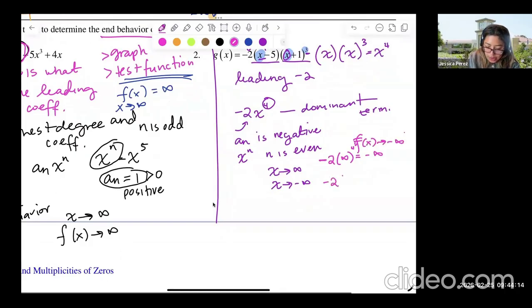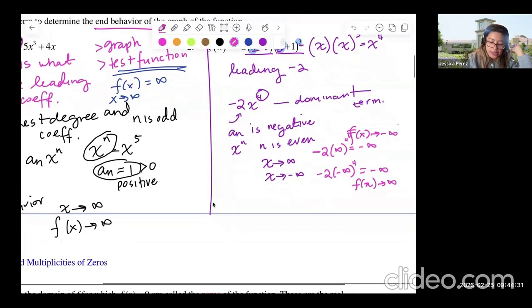Here, -2 times negative infinity to the fourth power, it's still positive because it's an even polynomial. So this is still negative infinity. It doesn't matter the orientation here because I have an even polynomial, but my leading coefficient is negative.